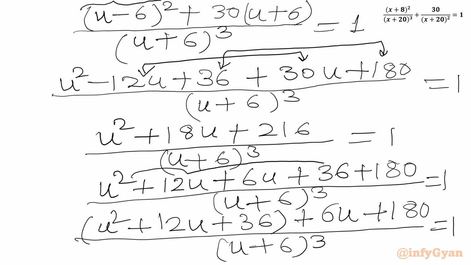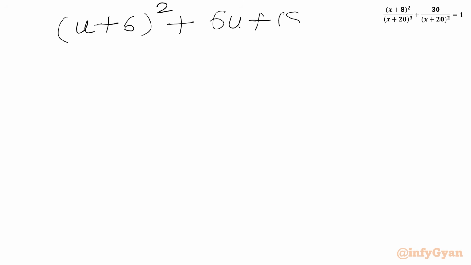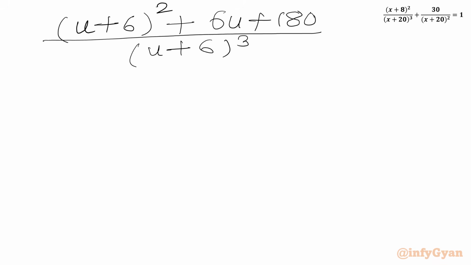Now this numerator bracket is u plus 6 whole square. And then we will take 6 common. So in bracket we will be getting u plus 30. But that is not enough. Let me write here. We will write u plus 6 whole square. Then we have 6u plus 180. And in denominator we will write u plus 6 whole cube. RHS is 1.